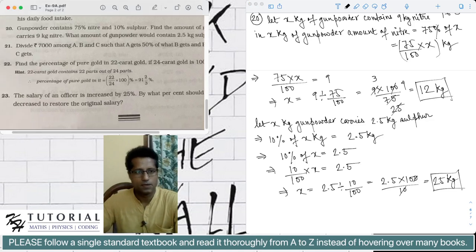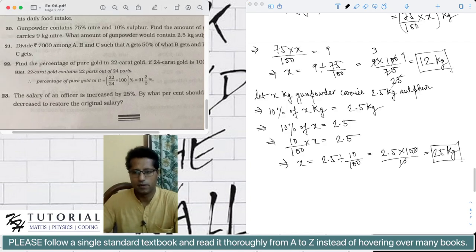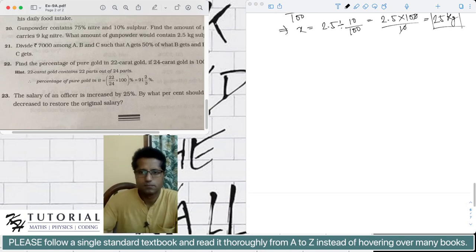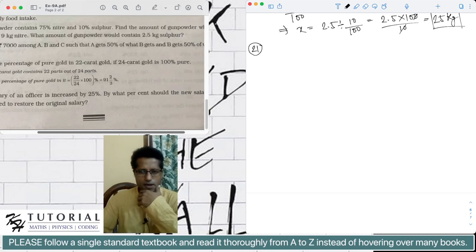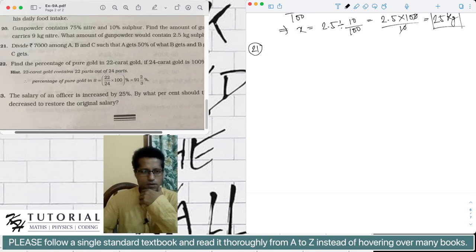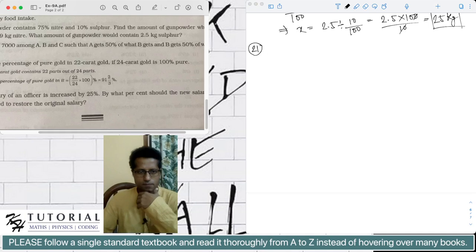Okay, let's do problem number 21. Divide rupees 7,000 among A, B and C such that A gets 50% of what B gets and B gets 50% of what C gets. Okay.